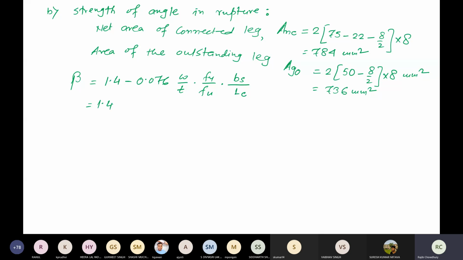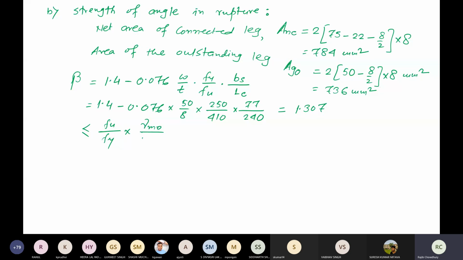So this becomes 1.4 minus 0.076 times 50 by 8 times 250 by 410, multiplied by 77 divided by 240, which is becoming 1.307, and this should be less than or equal to fu divided by fy times gamma m0 divided by gamma m1, already we have seen this formula. m1 means the plate.